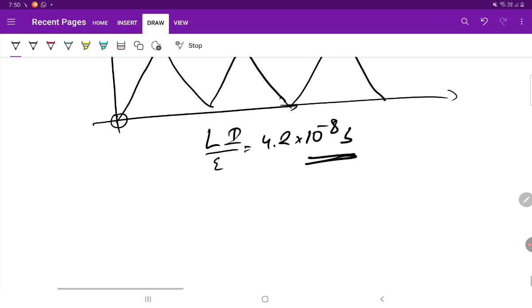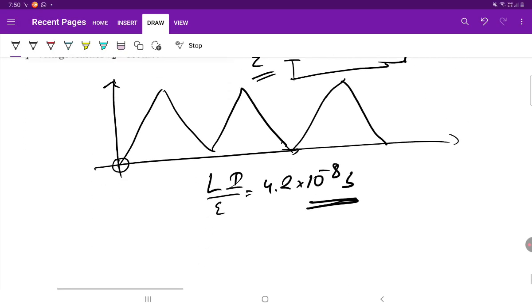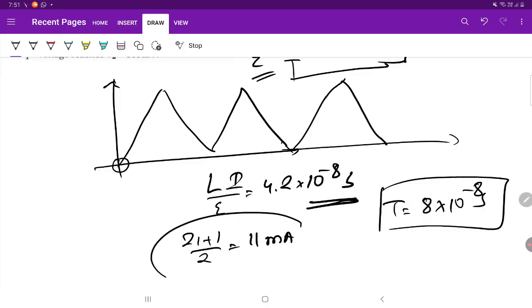And if anyone asks me what the current through the ammeter will be, the current through the ammeter will be the average value of current, and the average value is (21 plus 1) by 2, which will be 11 milliamperes, because the oscillation is too fast. If you find the oscillation time period, it will come out to be 8 times 10 to the minus 8 seconds. It's an extremely small time. That is why the circuit will oscillate so fast that the current will just be the average.